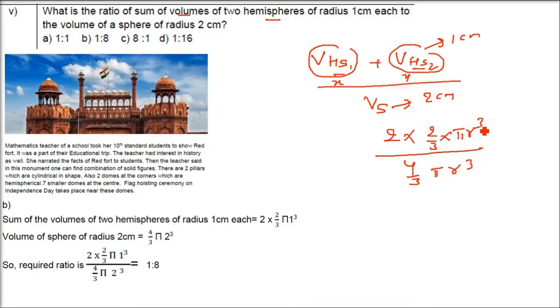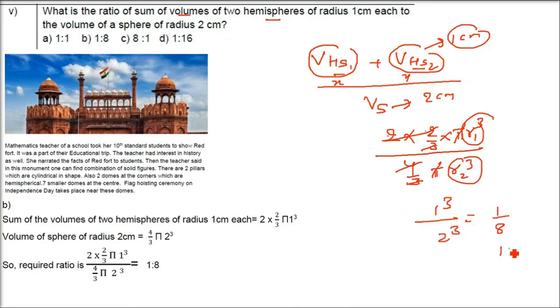Previously it was hemisphere, and then in the denominator you have to use whole sphere. Pi gets cancelled, 3 gets cancelled, 2 and 4 will also get cancelled. So you have r1 cube by r2 cube, that is the radius of hemisphere and the radius of the sphere. First radius is 1, so just cube it. Second one is 2, so just cube it. 1 cube by 2 cube, so it's 1 by 8. So 1:8 is the answer here.